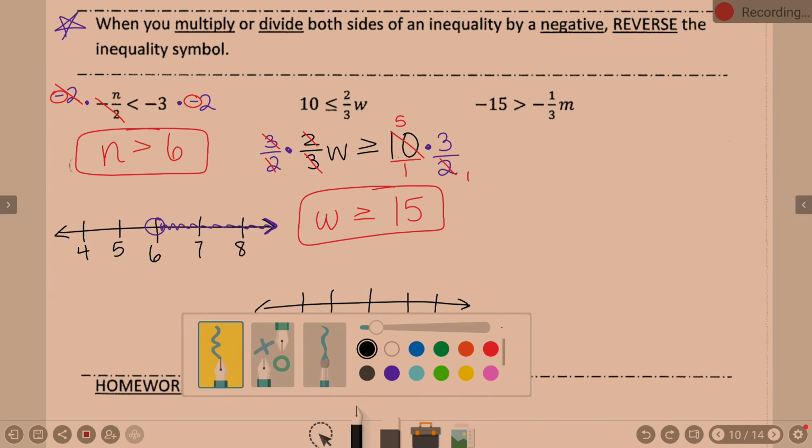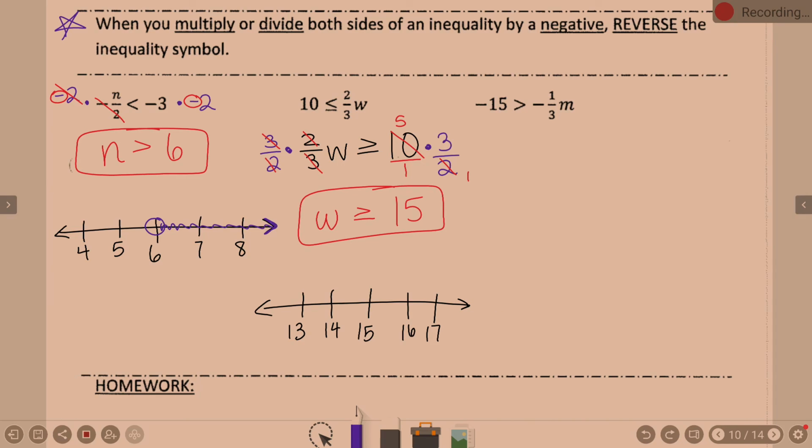Now it's going to be closed and it's going to the left. I will half agree with that. Closed. Going to the right. It's pointing to the right. It's greater than. We want numbers greater than 15 in my shaded area.